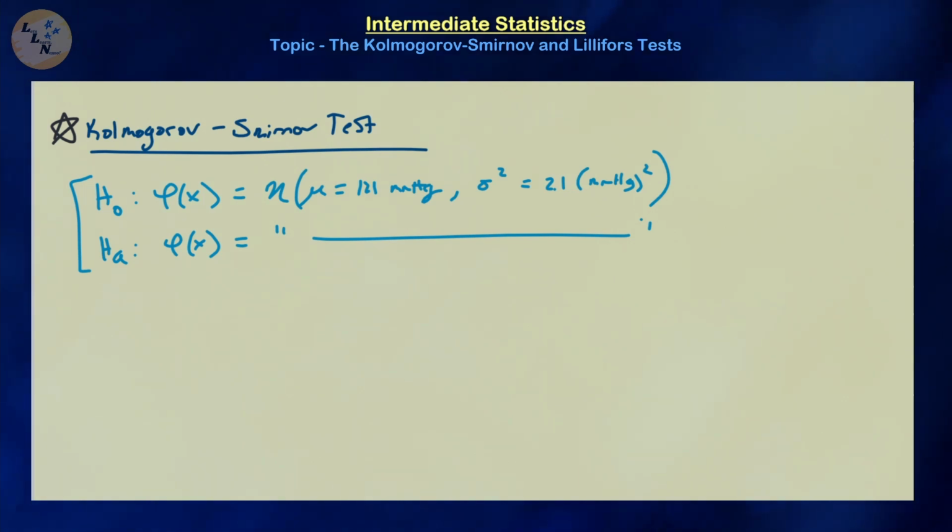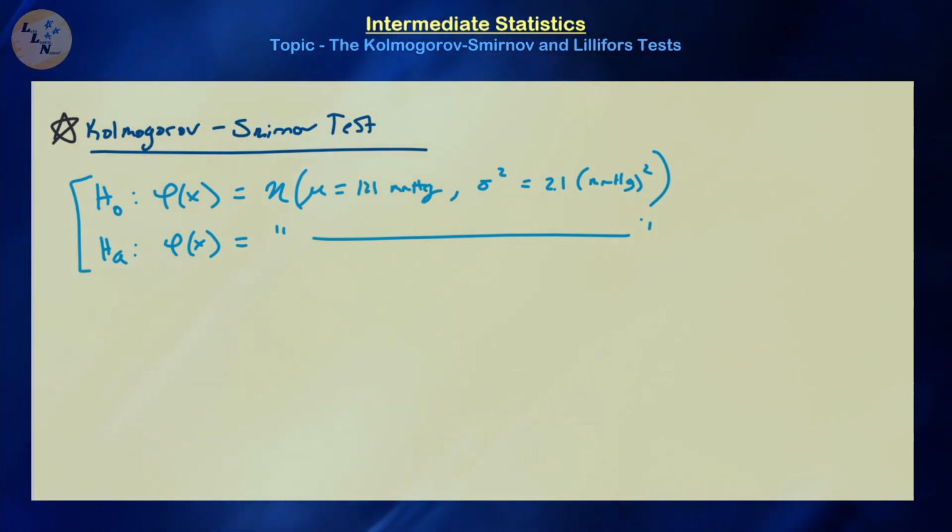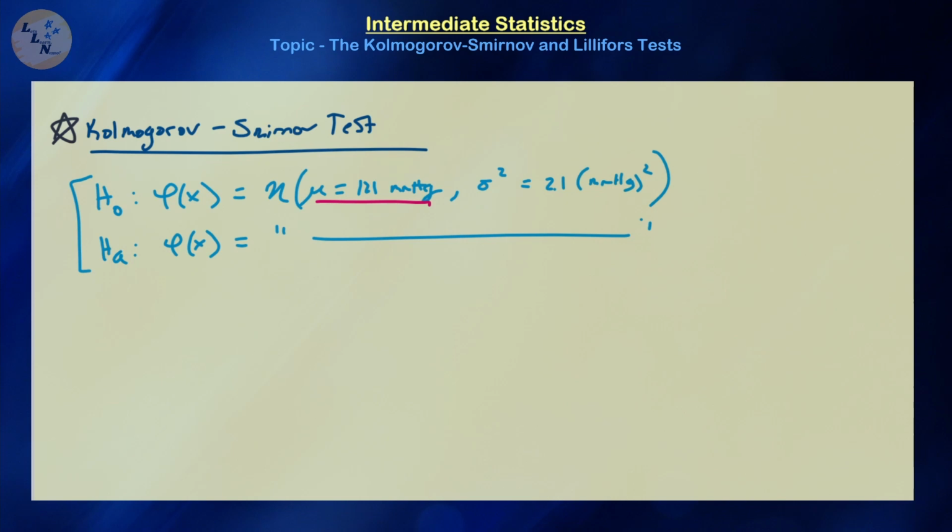And if the population doesn't appear to be normal, then those tests might be misleading or provide us with inaccurate results. So let's assume that we are trying to test if we have evidence to believe that the population we're sampling from is actually normally distributed with a given mu of 121 millimeters of mercury and a variance of 2.1 squared millimeters of mercury.